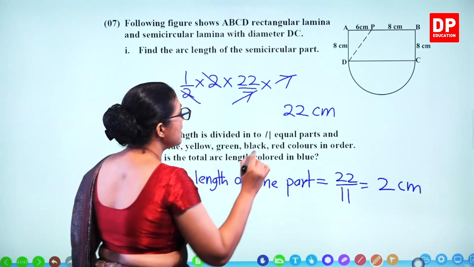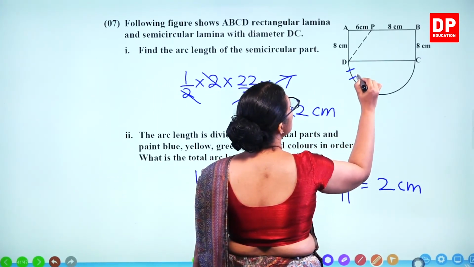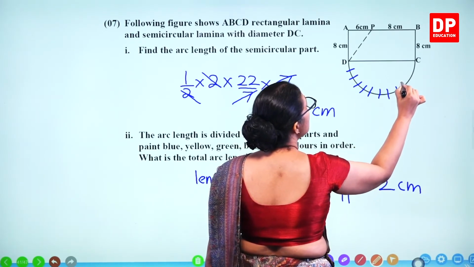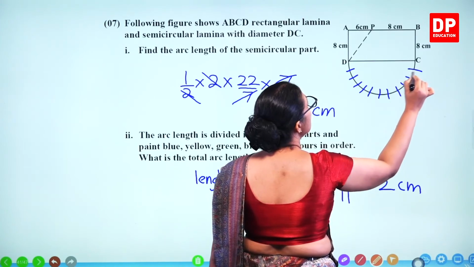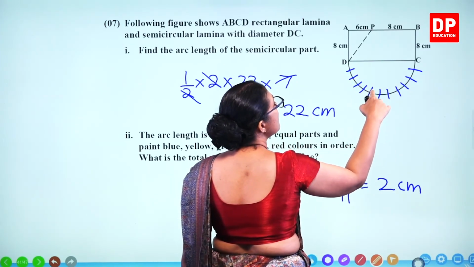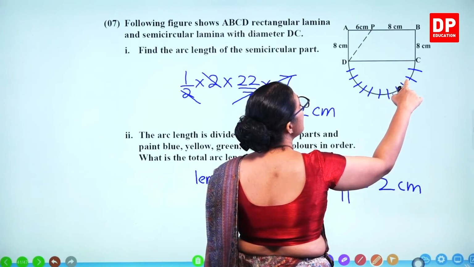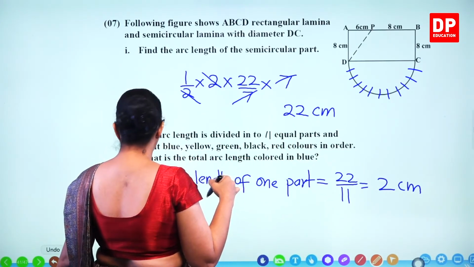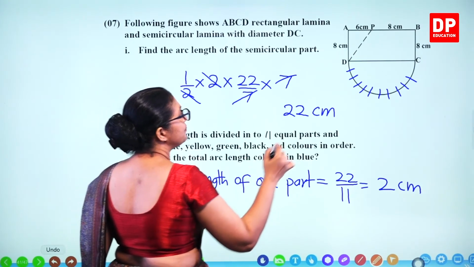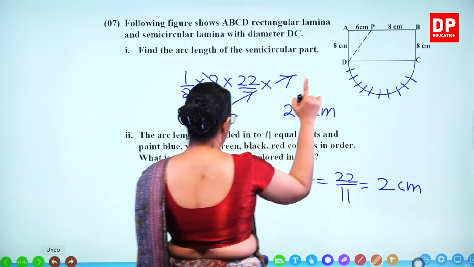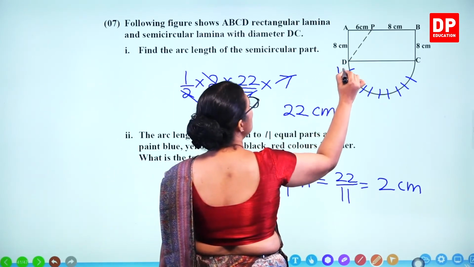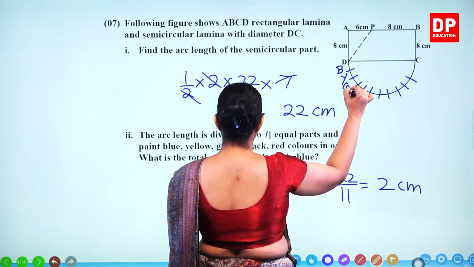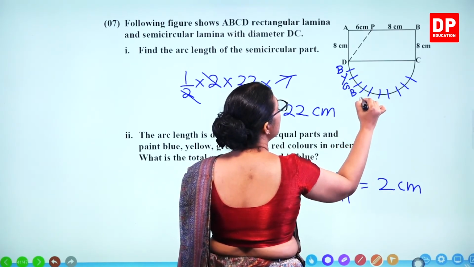So it's like 1, 2, 3, 4, 5, 6, 7, 8, 9, 10, 11. So here one line wrong. You have to equally divide. So that means what are the colors? Blue, yellow, green, black, red.